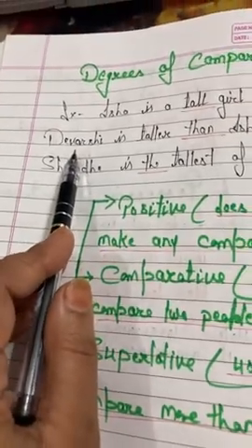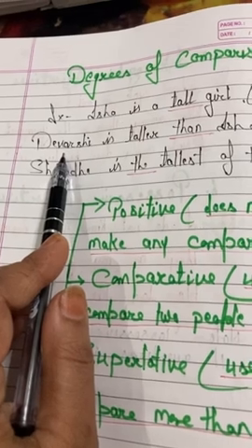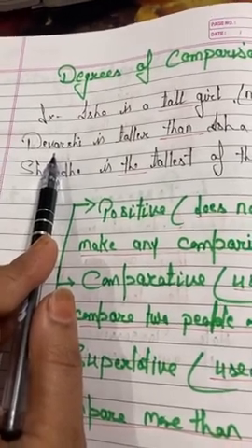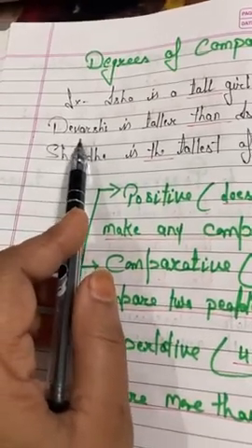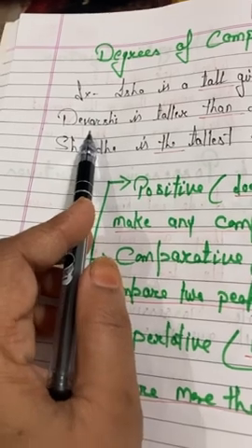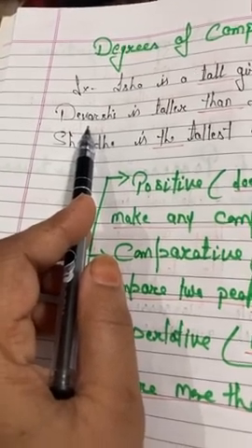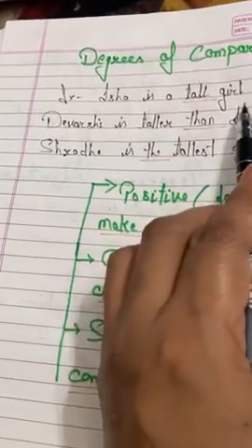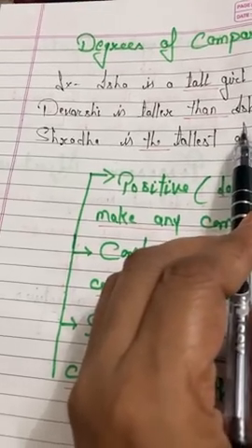But in sentence number 2, Devarshi is taller than Isha. Here you can see Isha's quality tall is compared with Devarshi. That means here we found comparison between two. So the first one is known as positive degree and the second is comparative degree.